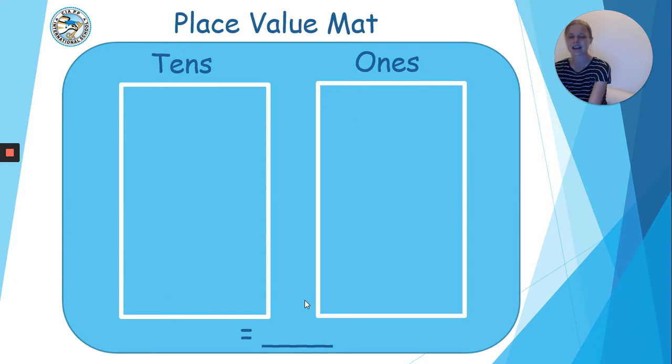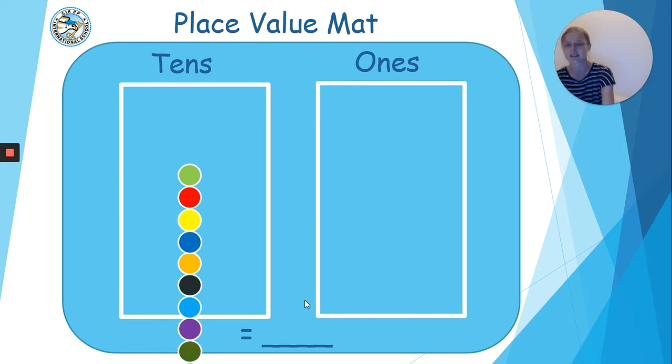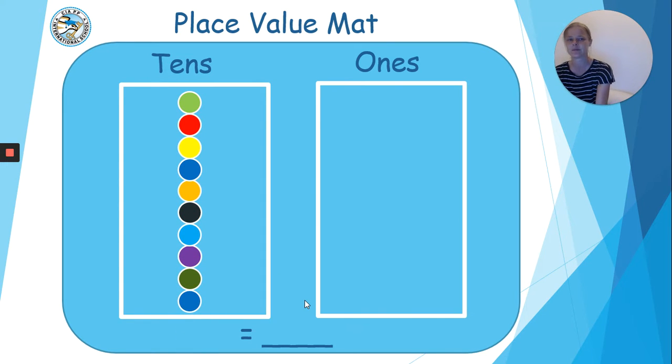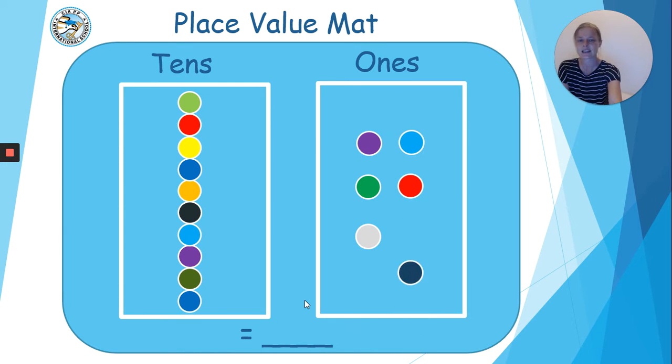How many tens and ones do we have on our mat? How many tens can you see? Good job. Yes, there's 1 ten. Let's see how many ones. Count with me. 1, 2, 3, 4, 5, 6, 7, 8.